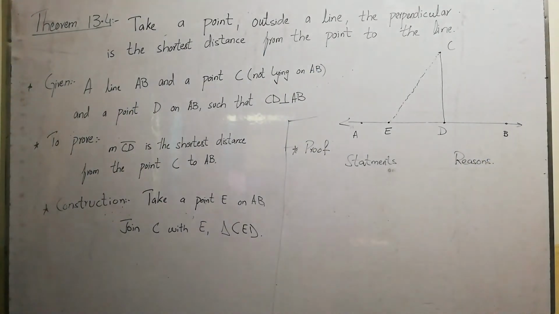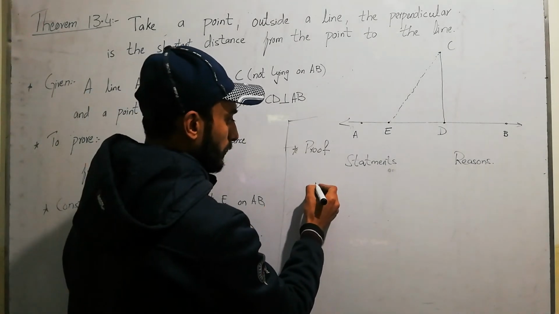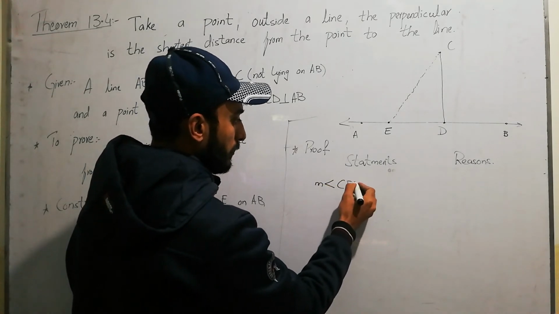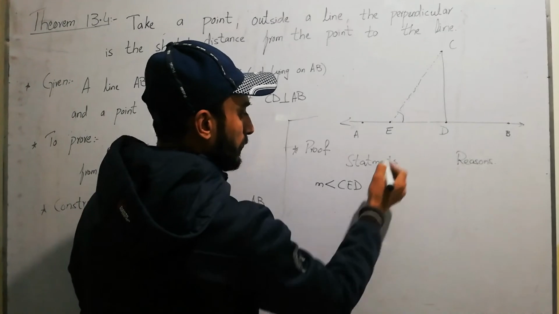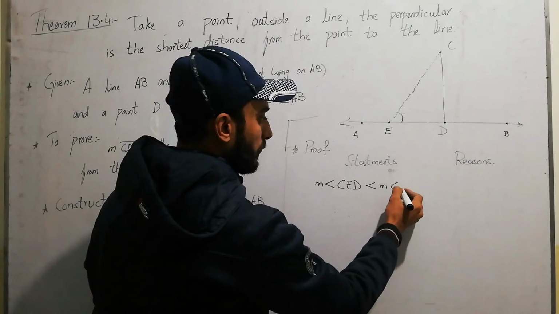Now in statements, what can we write? In the first step we can write, measurement of angle CED is smaller than the measurement of angle CDB.